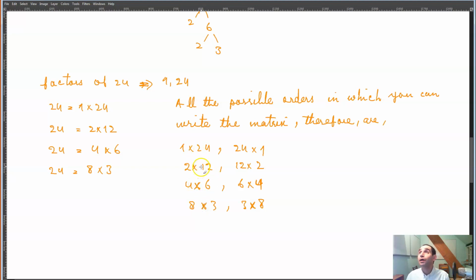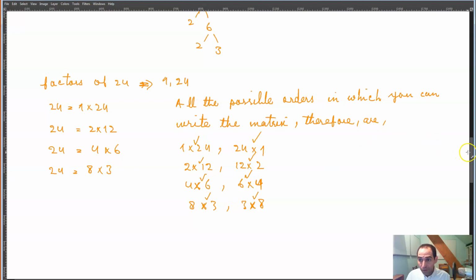But you have 1 by 24, 2 by 12, 3 by 8, 4 by 6, 6 by 4, 8 by 3, 12 by 2, and 24 by 1. That's all of the different ways that you can write it.